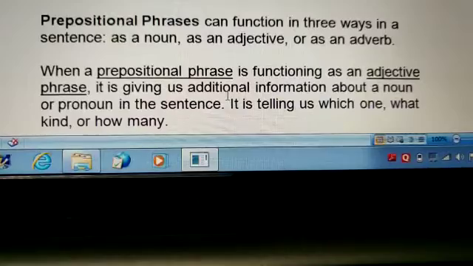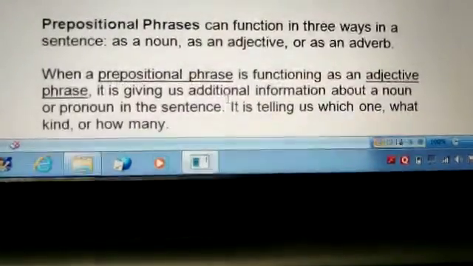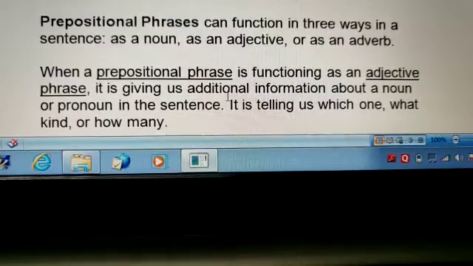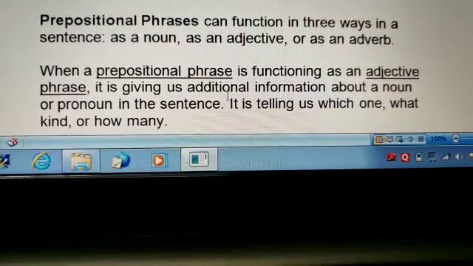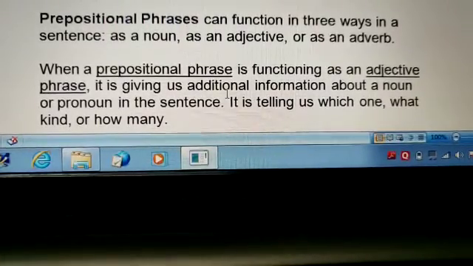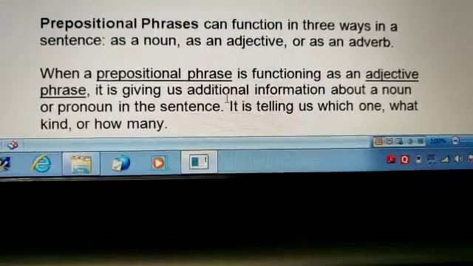Now, when a prepositional phrase is functioning as an adjective phrase, it is giving us additional information about a noun or pronoun in the sentence. It is telling us which one, what kind, or how many.